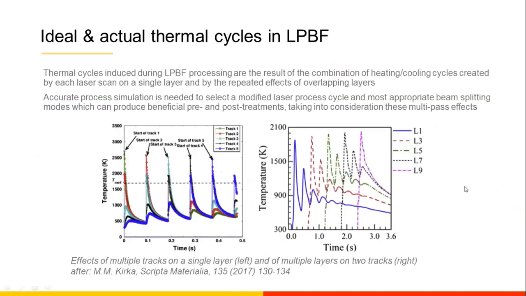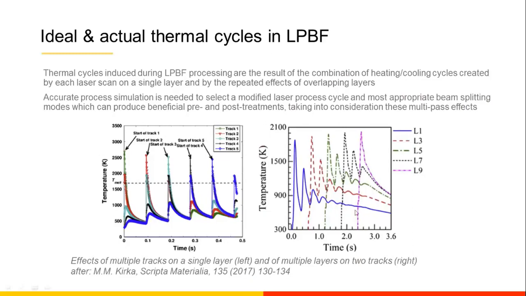What we have to consider in a real laser powder bed fusion process is that the material is not subjected to a single thermal cycle, but you have to talk about several thermal cycles that are induced as the result of the combination of the several heating and cooling cycles given by each single laser scan on a single layer and by the repeated effect of the overlapping layers.